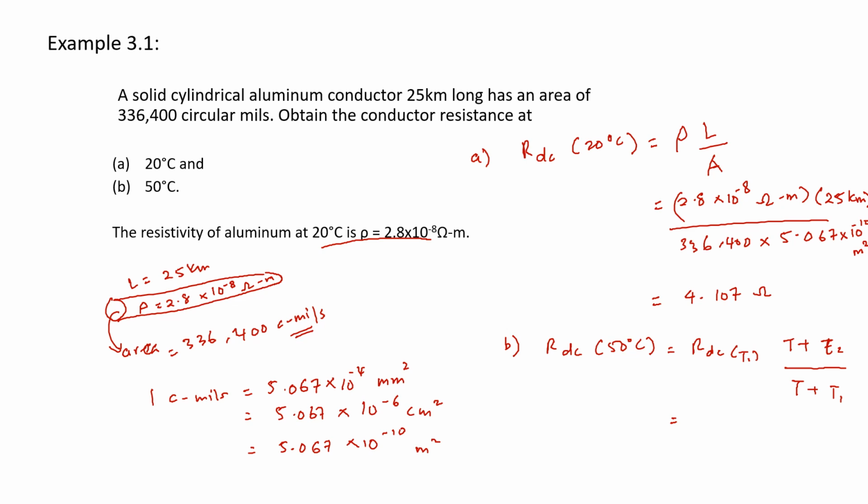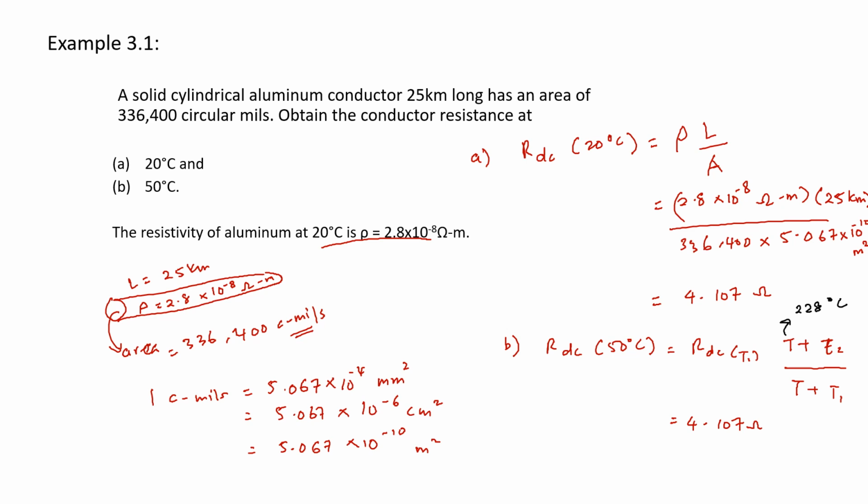So RDC at T1 is 4.107 ohm. This is the temperature constant, and the temperature constant for aluminium conductor is equal to 228 degrees Celsius.